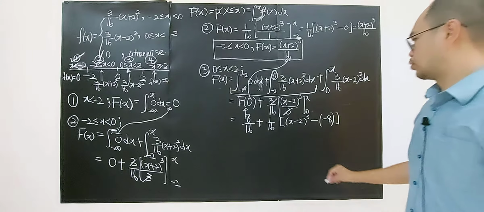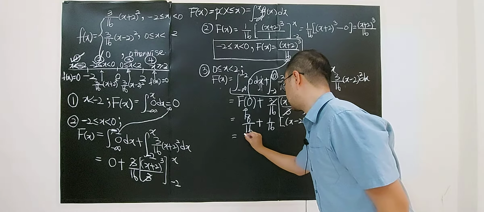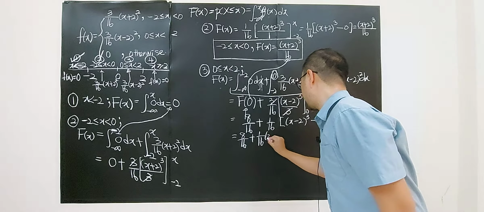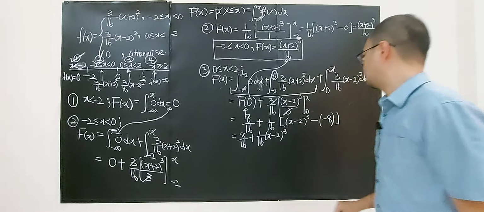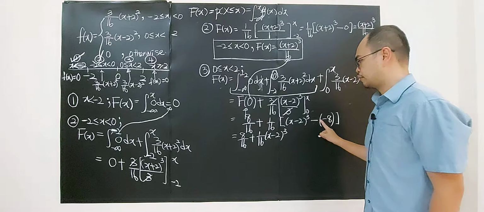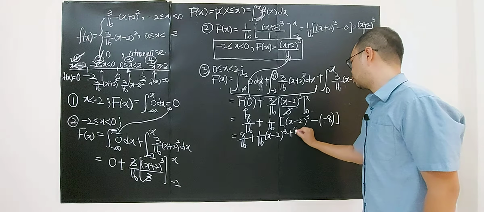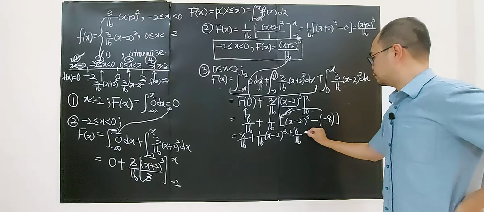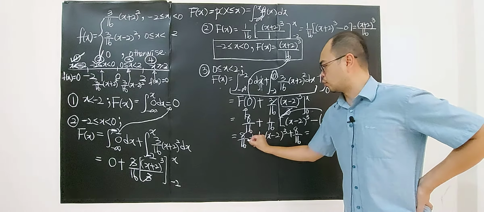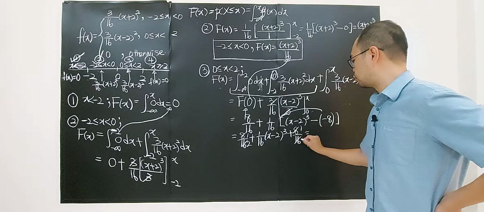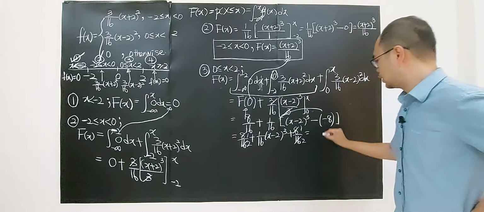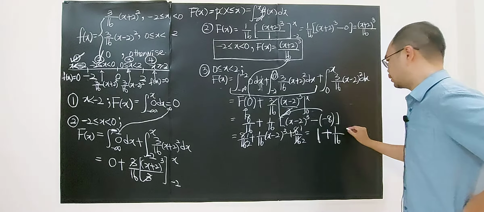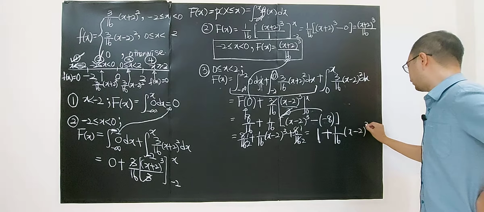So slowly constructing, 8 over 16 plus 1 over 16 x minus 2 to the power of 3. Negative, negative, positive. Positive 8 over 16. Later on, 8 over 16 is 1 over 2. This is also 1 over 2. 1 over 2 plus 1 over 2 is 1, right? It's 1 plus 1 over 16 x minus 2 to the power of 3.